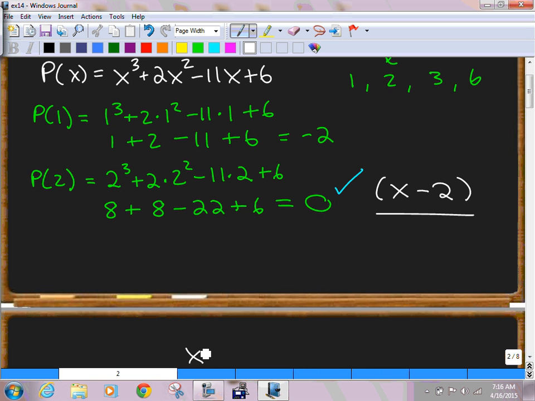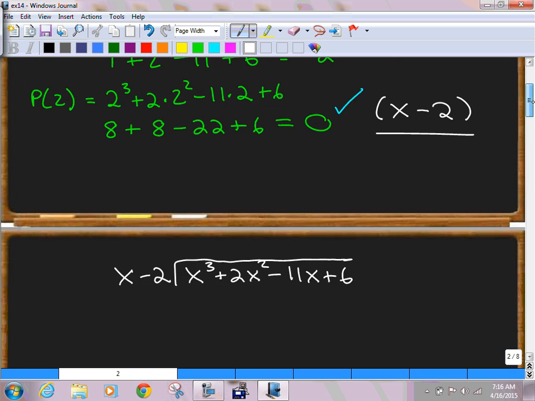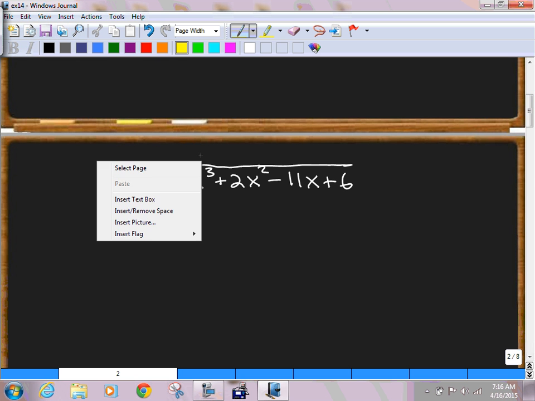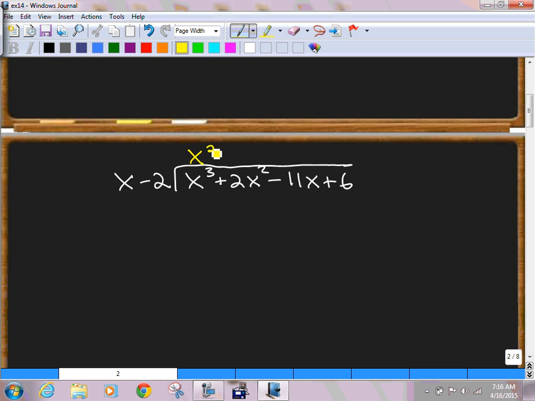So we're going to have x cubed plus 2x squared minus 11x plus 6. We're going to divide x minus 2 into it. Here, this is going to be x squared. We're going to multiply that down.